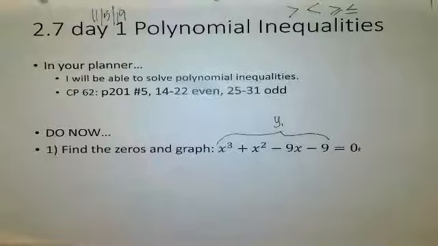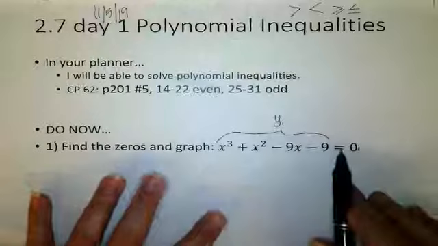And then we'll do the algebra as well, because this is an algebra class. It's 9x minus 9. So we can actually find where our polynomial is equal to 0, but today we want to know where it's greater than 0 or where it's less than 0. So we have to talk about what that means. And so you can see when you graph that, do you get a nice little squiggle?